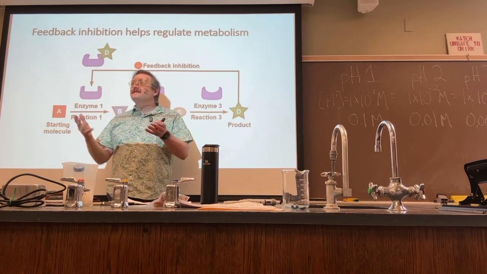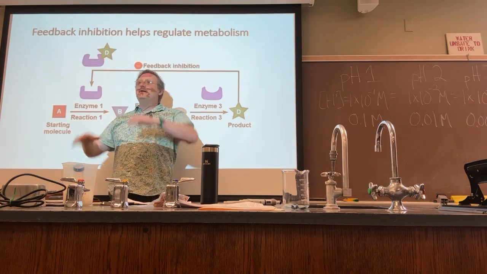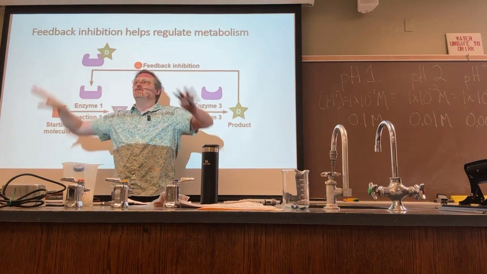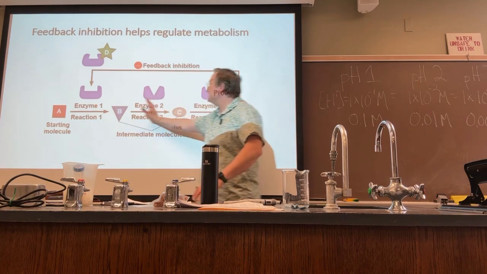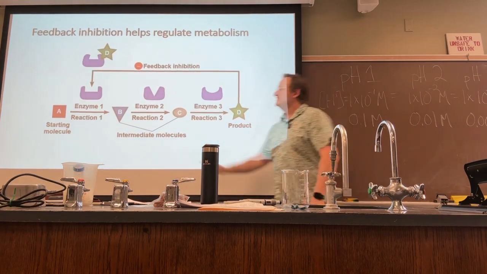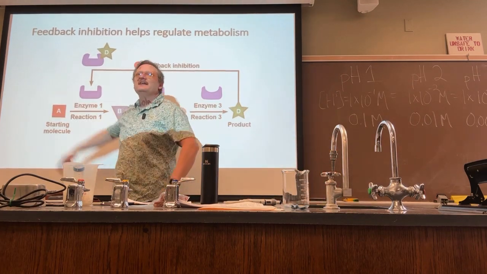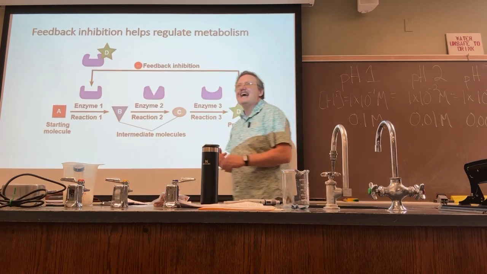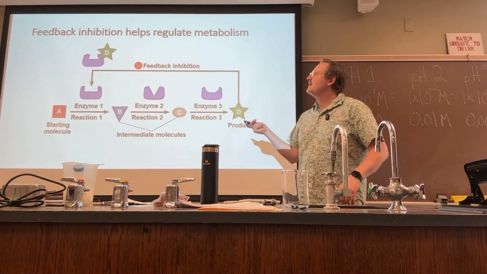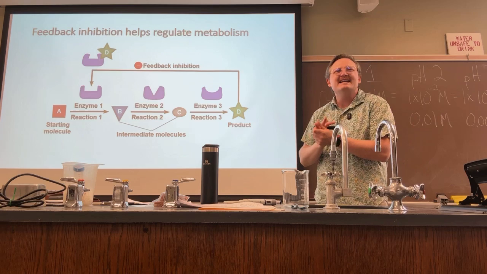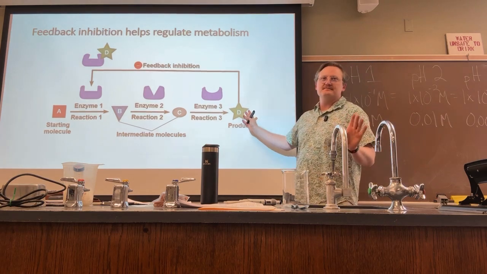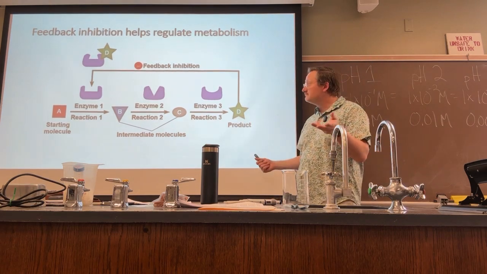So if there's enough product D, that will inactivate all of the enzyme 1. And that will stop this pathway from going forward so that A can be used for other things, or we're just not wasting energy because ATP might be involved with some of these enzymes, right? So you have enough of it, so you need to stop it, right?